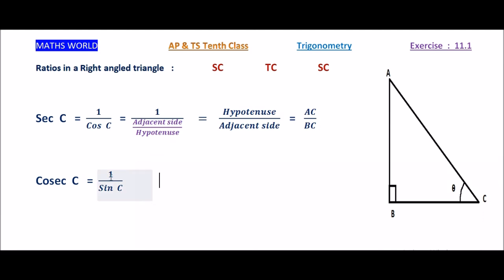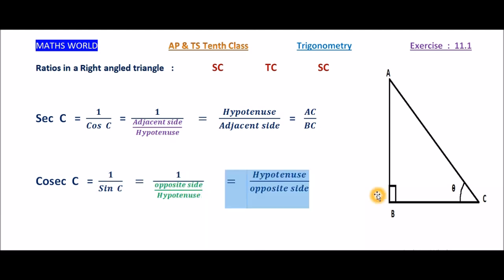Simply substitute, that is equal to 1 divided by opposite side divided by hypotenuse. So the denominator portion will become reciprocal. That is equal to hypotenuse divided by opposite side. What is the value of hypotenuse? AC. Opposite side is AB. That is equal to AC by AB. So cosecant C is equal to 1 by sin C is equal to AC by AB.